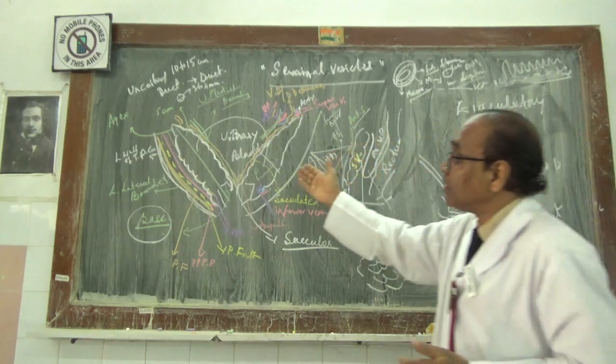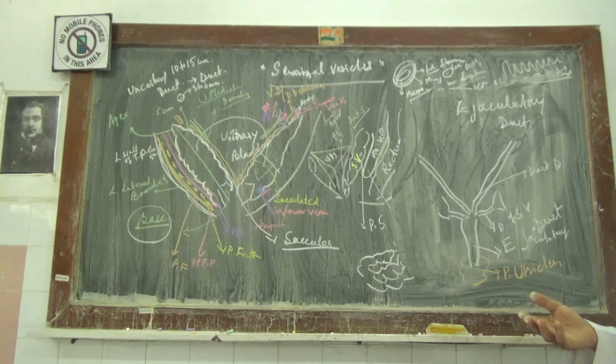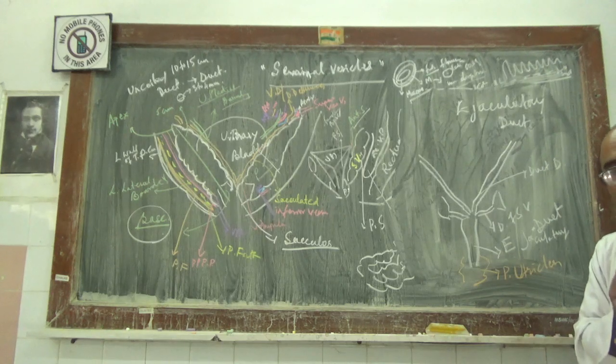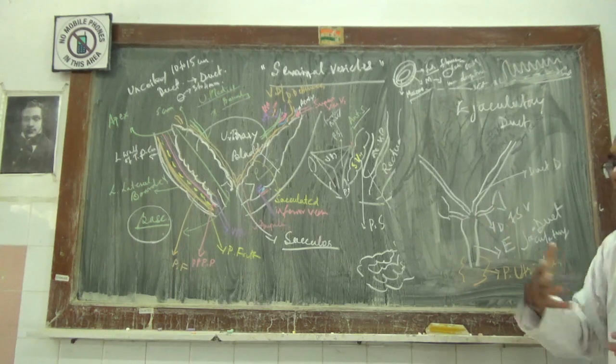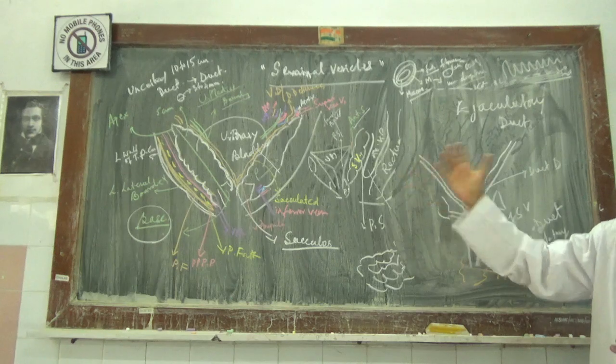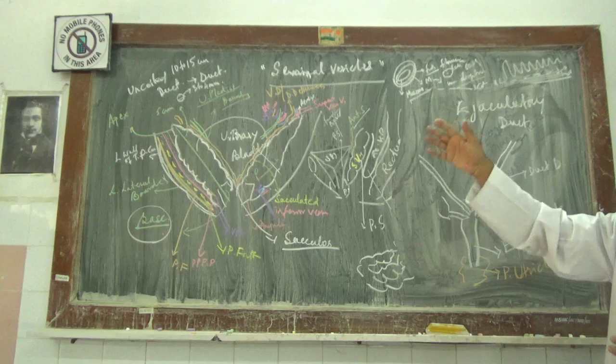The same thing applies for the seminal vesicles. Development of the seminal vesicle is by the mesoderm, but initially it develops from the genital bud, genital fold, genital groove. From that genital groove you get the seminal vesicle development, which is in total by the mesoderm.